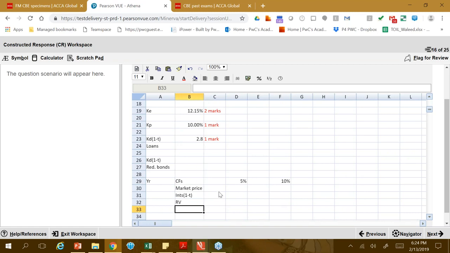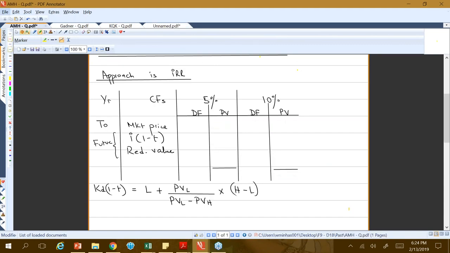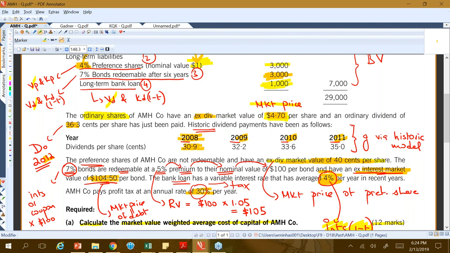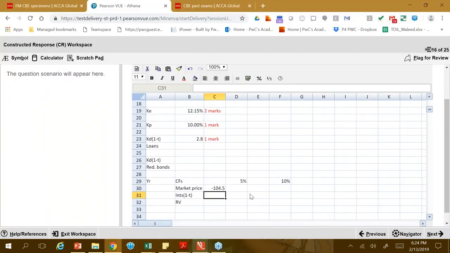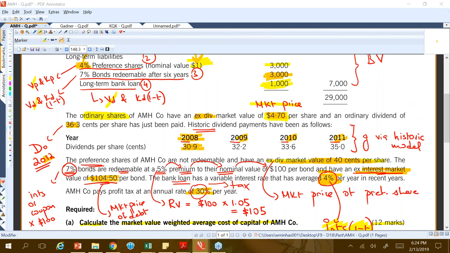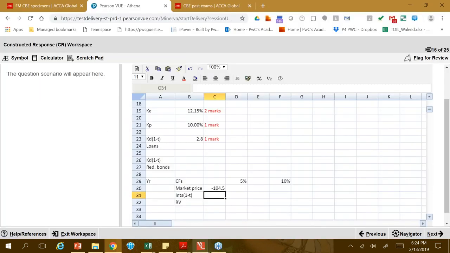Now, the market price of the debt given in the question was 104.5. So we'll show this 104.5 as a negative, being the market price in today's time. The interest on this redeemable debt is 7%. Remember that the interest has to be taken as 1 minus the T. So 7 into 1 minus the tax, which is 30%, we get 4.9.